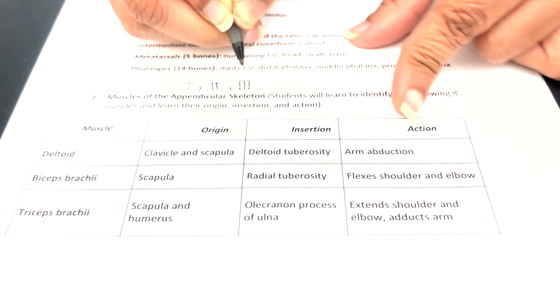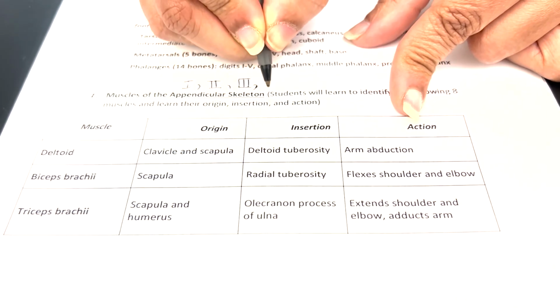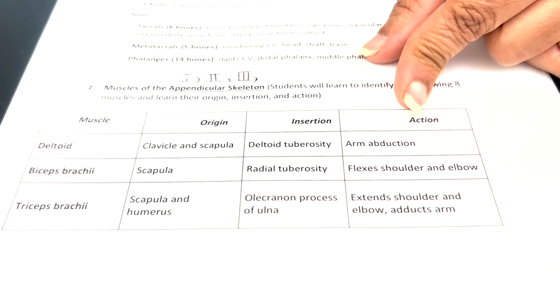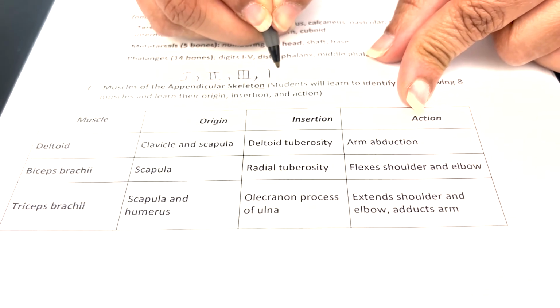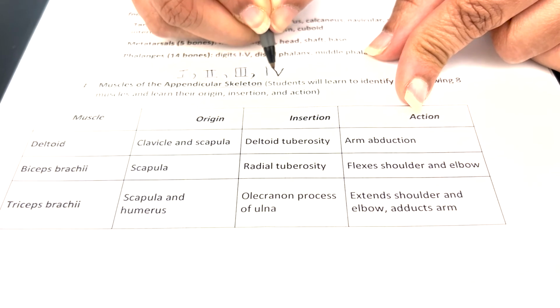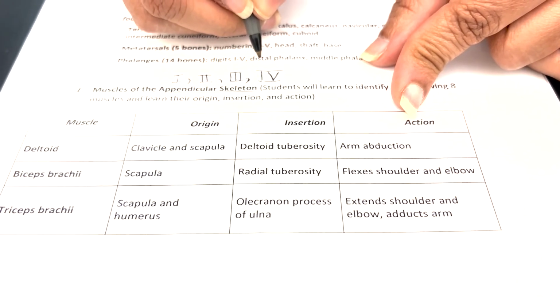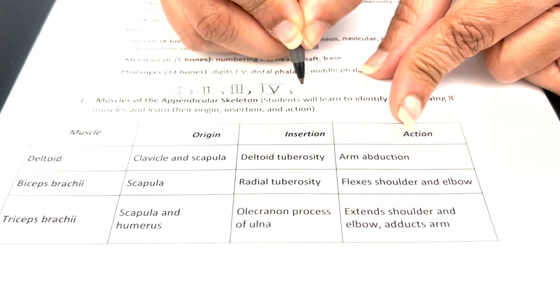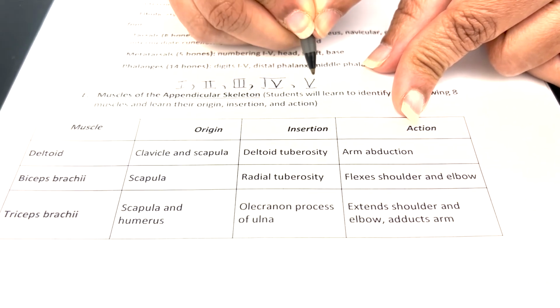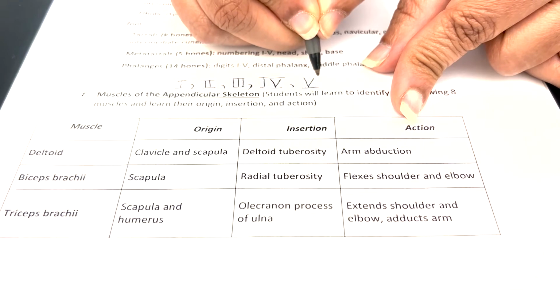Digit III, digit IV, and digit V. It's kind of hard to write upside down.